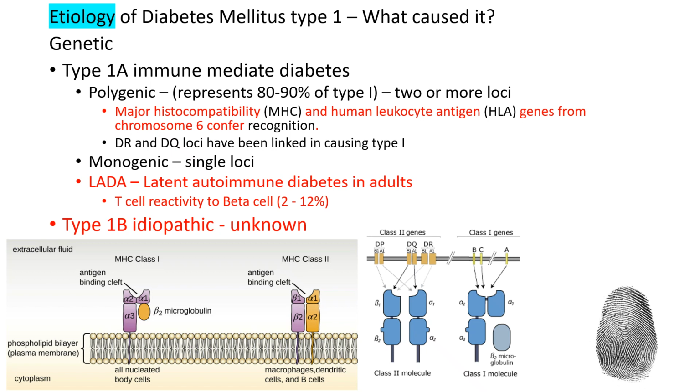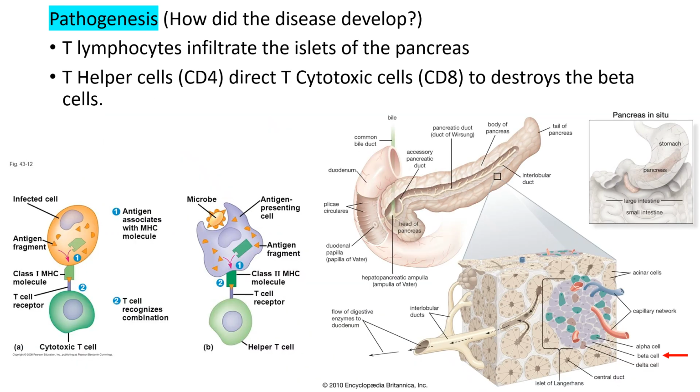So the cells in the body have different fingerprints. We have the MHC fingerprint and we have the HLA fingerprint. If any of those fingerprints are incorrect, then this is the pathogenesis of what's going to happen.